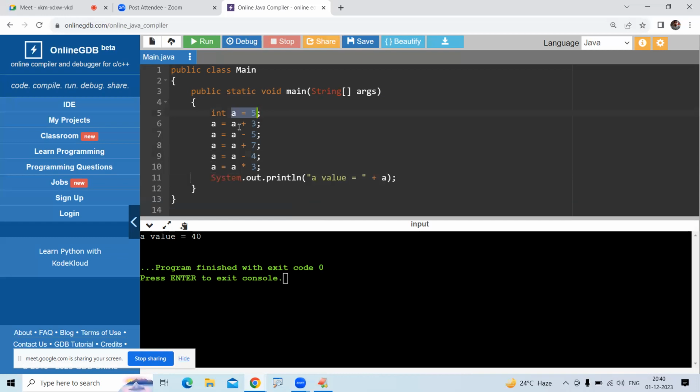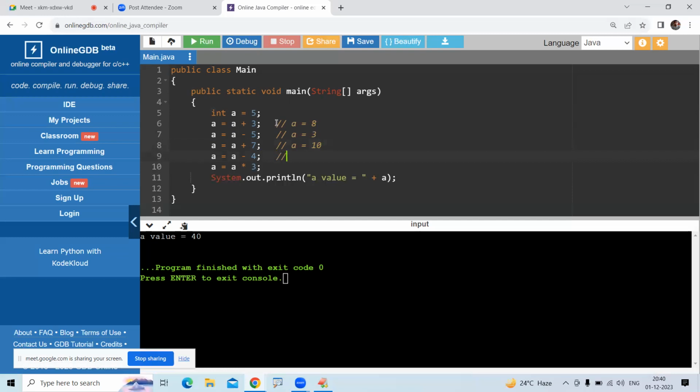The a value is 5. 5 plus 3. This is a comment; it will not affect. Here the a value becomes 8. 8 minus 5 is 3. Next, the a value 3 plus 7 is 10.